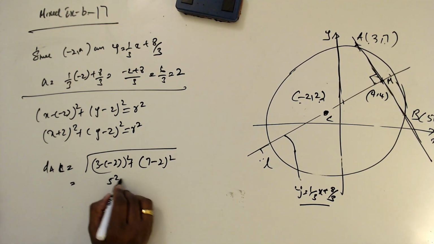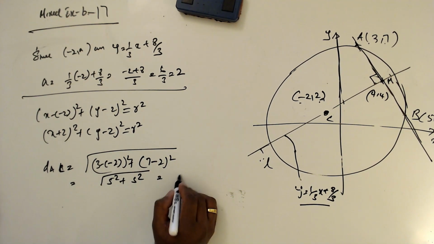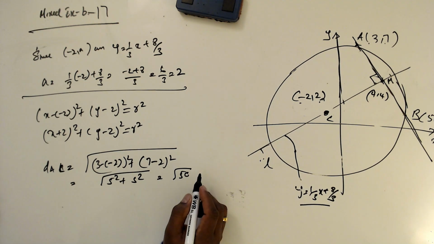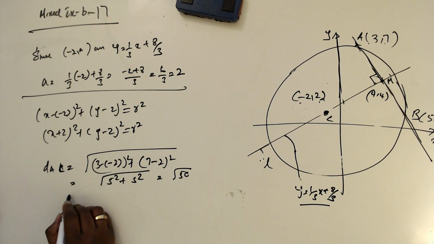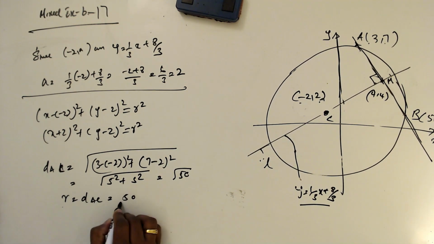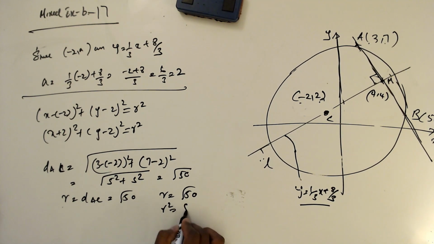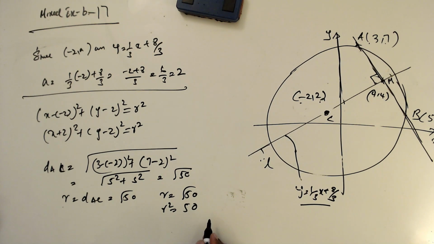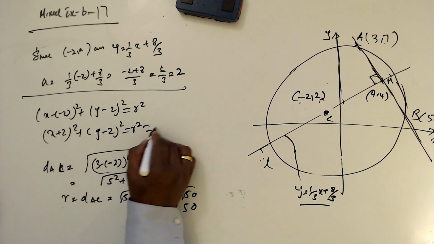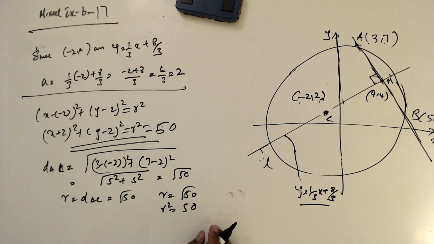So this is 5 squared plus 5 squared, root 50. Then r equal AC equal square root 50. r squared equal 50. So this is the equation of the circle.